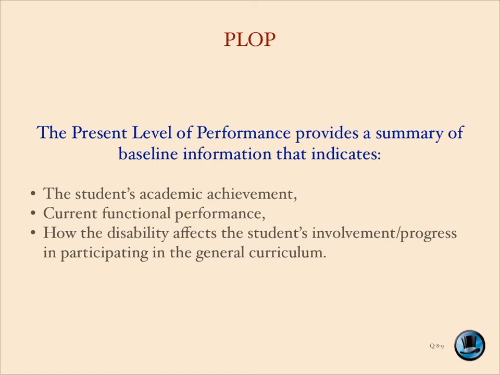So the PLOP is basically, again, that student's present level of performance. We're going to talk about the student's academic achievement, their current functional performance, and how the disability affects the student's involvement or progress in participating in the general curriculum. In that first part, that's where a lot of those standardized assessments come into play, a KeyMath, a Woodcock-Johnson, a Woodcock reading.